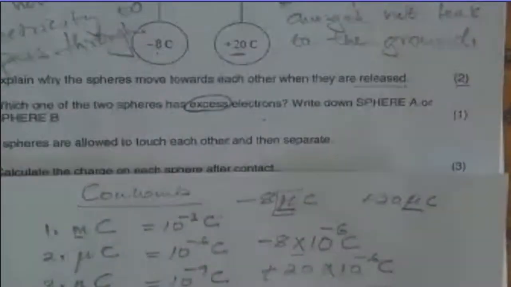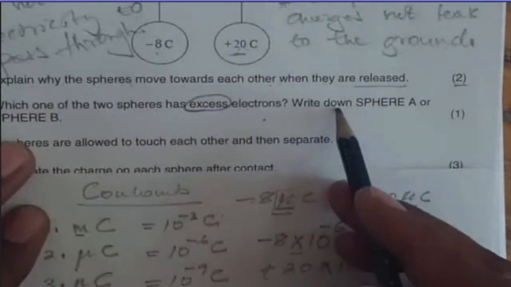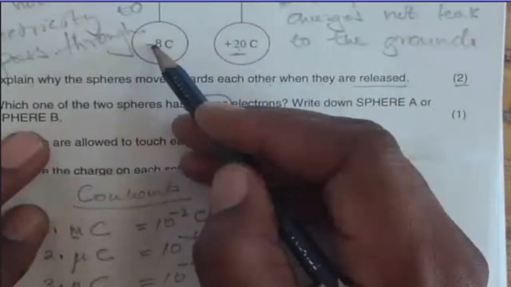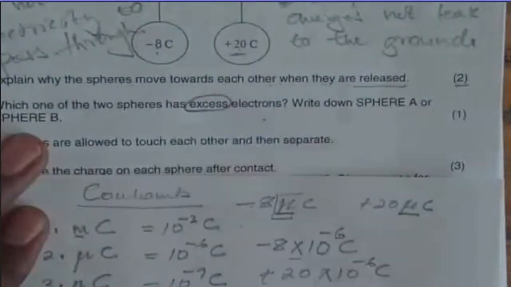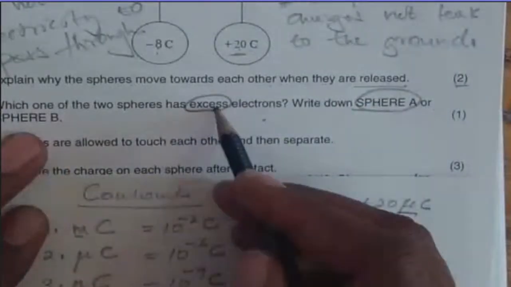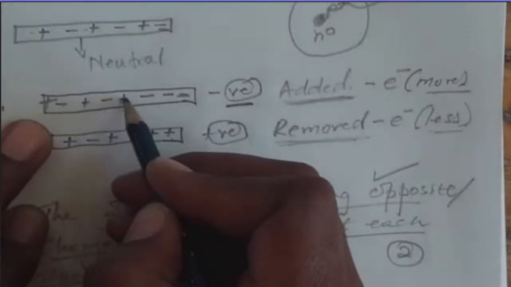So we look at which one of the 2 spheres has an excess of electrons. We can just write down sphere A or sphere B. The sphere A will be the one that is going to have more, even if you count. We want to balance. How many positive do I have? 1, 2, 3.